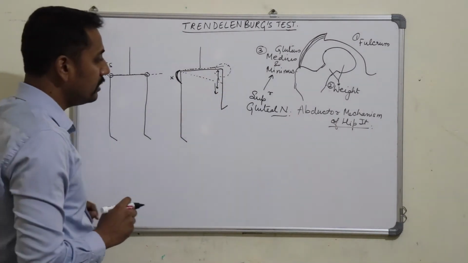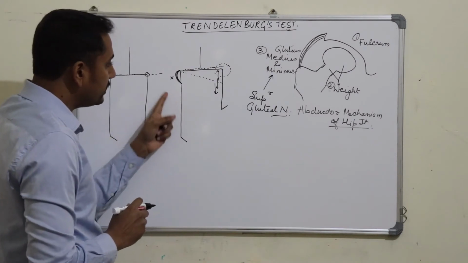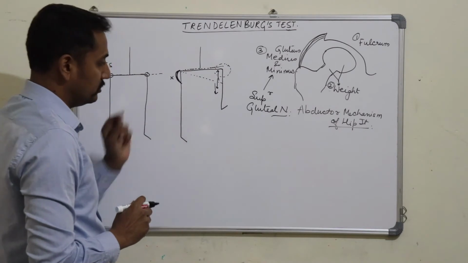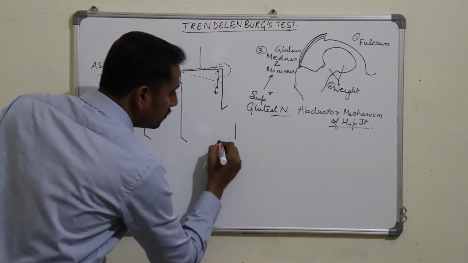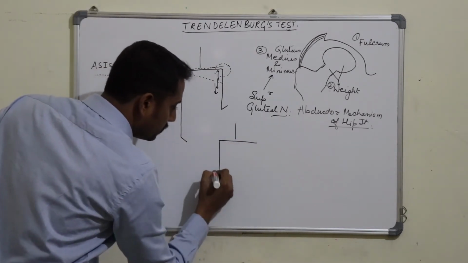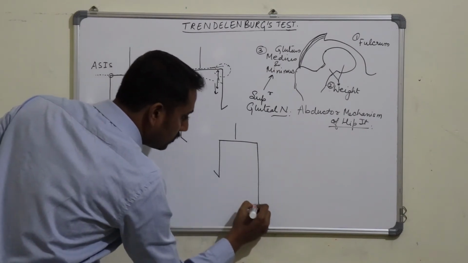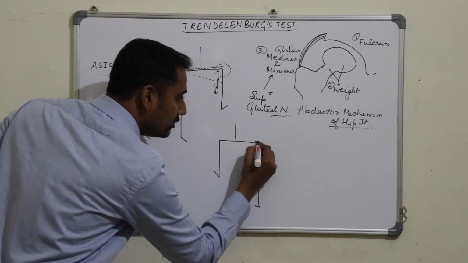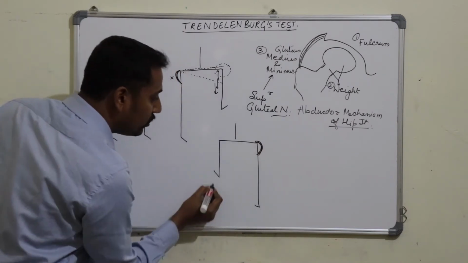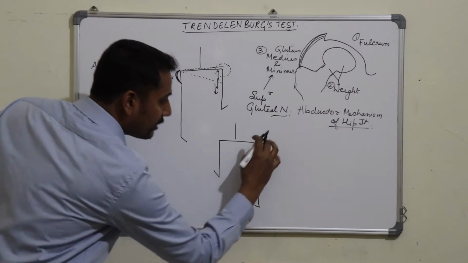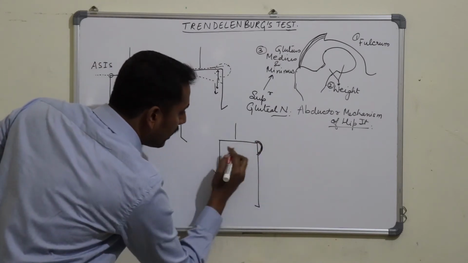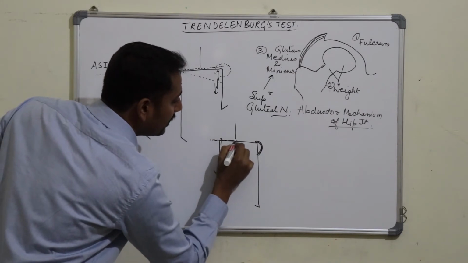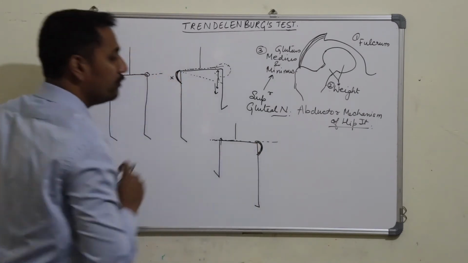Now what happens when this affected side lower limb is above the ground? This side abductor mechanism is normal. So when this foot is above the ground, it will contract and pull this side pelvis upwards so that the pelvis lies in the same horizontal plane.